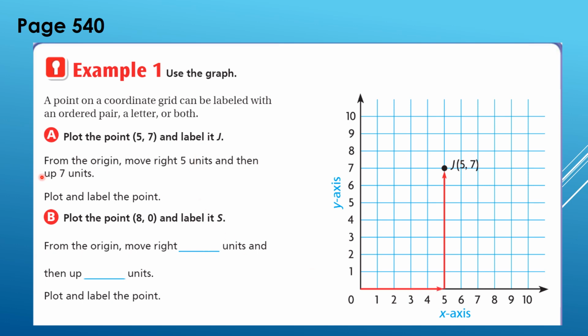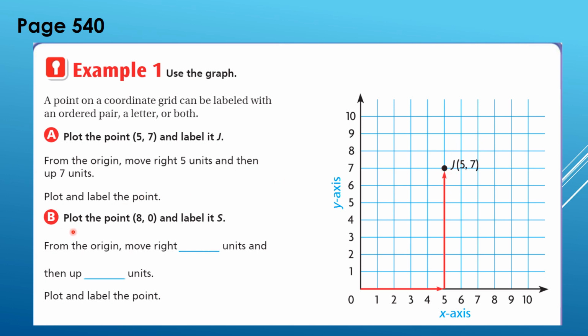And then I will move up 7 units, right? 1, 2, 3, 4, 5, 6, 7. And here is point J. Or as we discussed in the example before, I can just locate the x coordinate, which is 5, and the y coordinate, which is 7, and then they will intersect at this point, (5, 7).